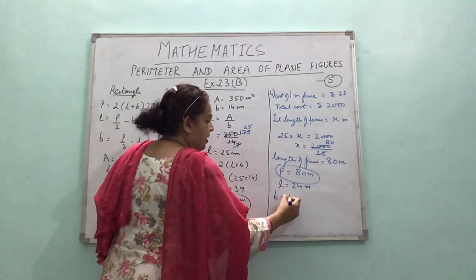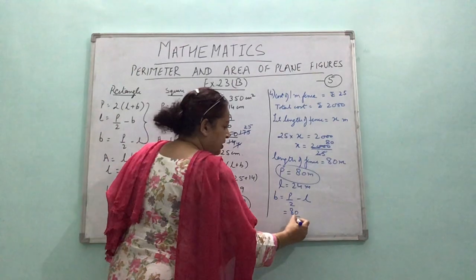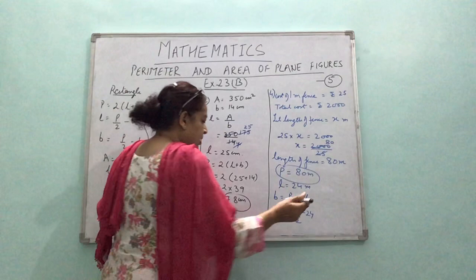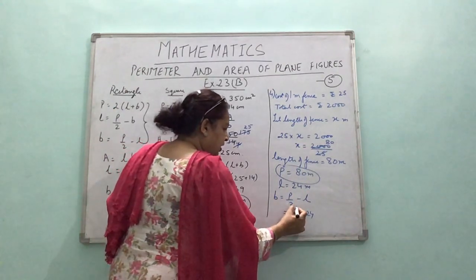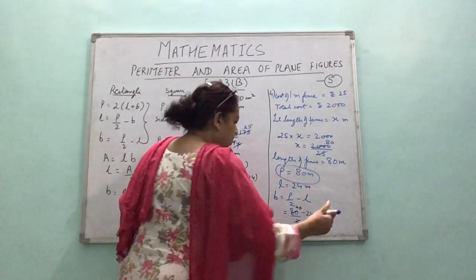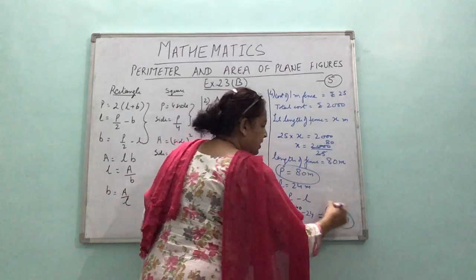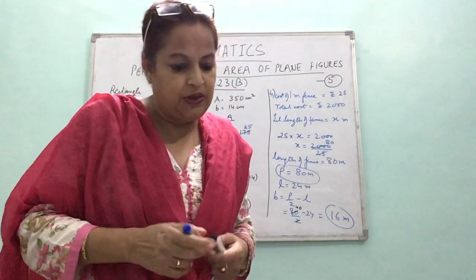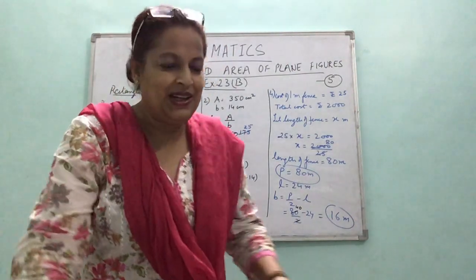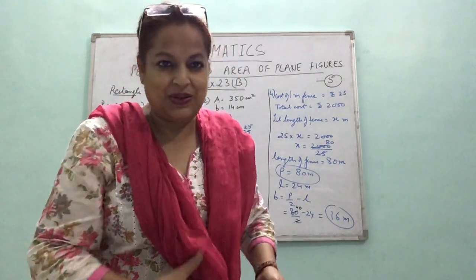So breadth is perimeter by 2 minus length. 80 by 2 minus 24. 80 is reducible by 2. So 2 is a common factor, 40. So 40 minus 24 would be 16 meter. So breadth is 16 meter, and what is the correct option? B is the correct option. So you get the option B as a correct option, children. Alright. Let's take the sixth question.